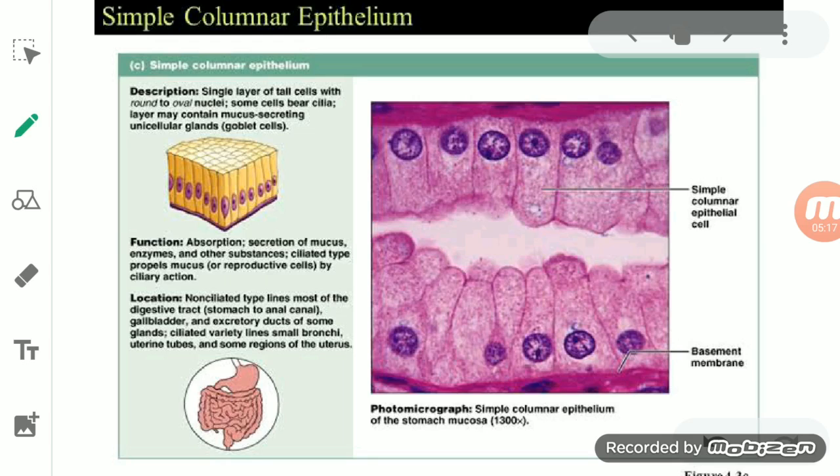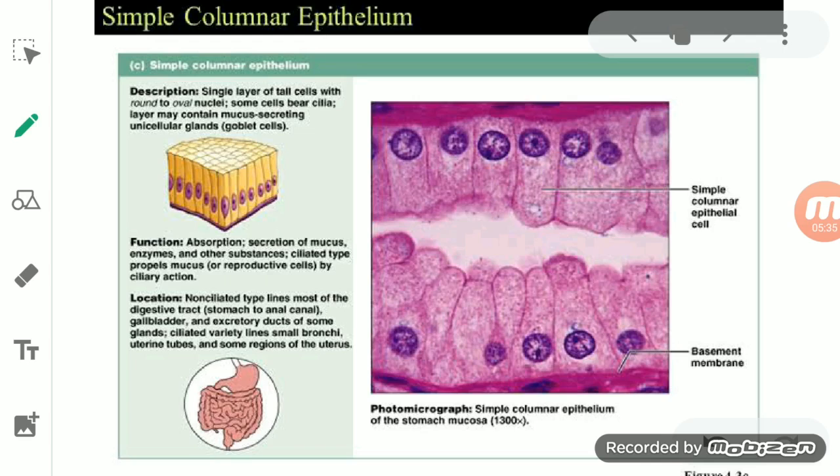Now the brush bordered epithelial cells have more surface area. It is a finger-like projection, so if you see the fingers, there is a space between each and every finger.